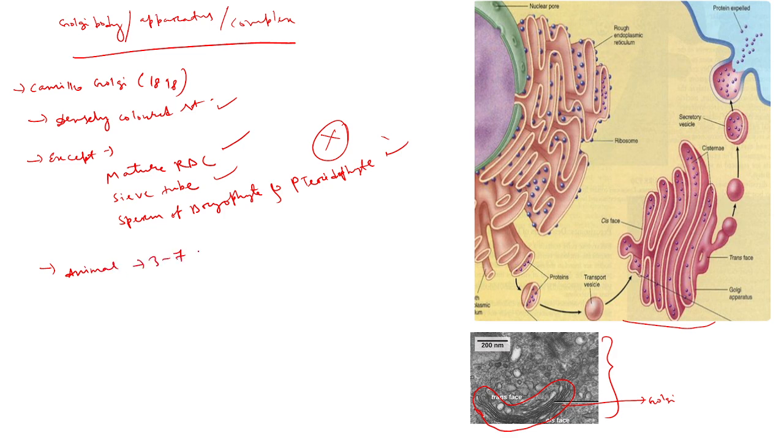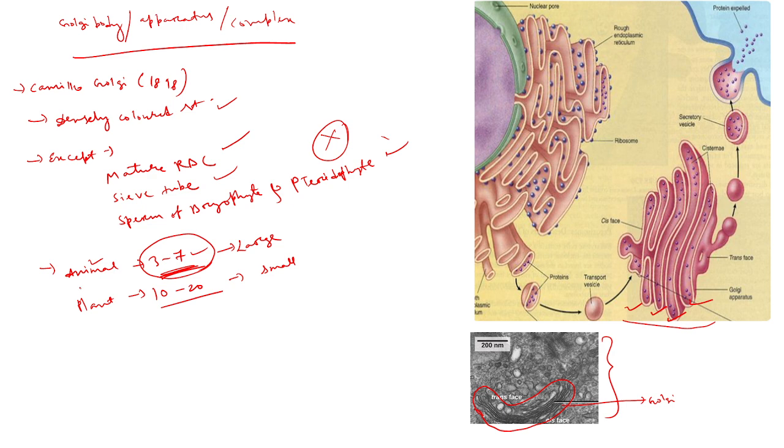In the animal cell, 3 to 7 complexes are present. 3 to 7 means this is 1, this is 2, this is 3, this is 4. That means 3 to 7 complex structures of the Golgi are present, and they are very large in size in the case of animals. But in the plant the number is 10 to 20, but the size is very small.